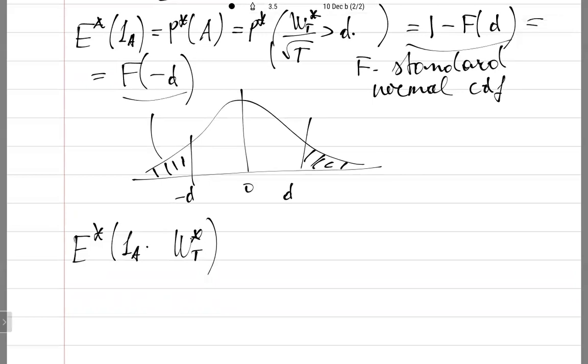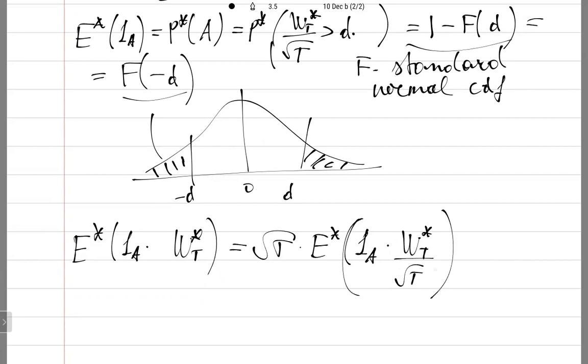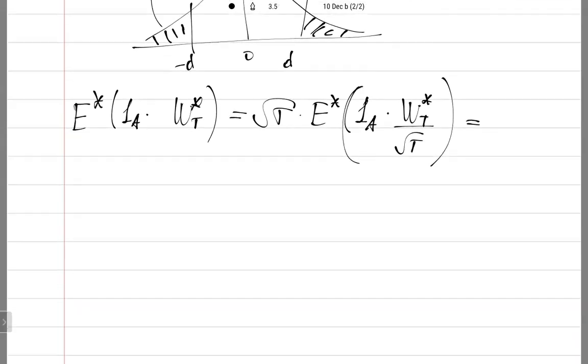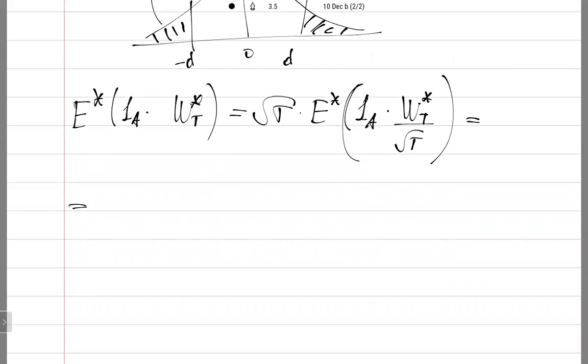Once again, let's normalize by square root of T: indicator of A times W_T star divided by square root of T. Let's denote W_T star over square root of T by Z, which has standard normal distribution.